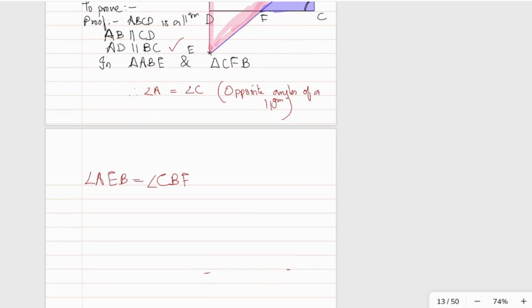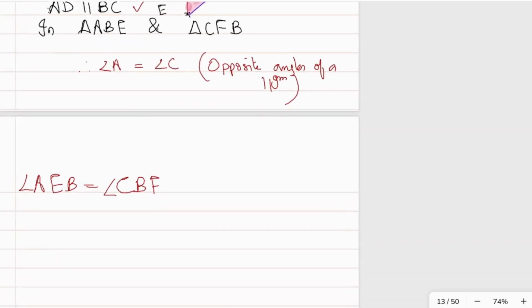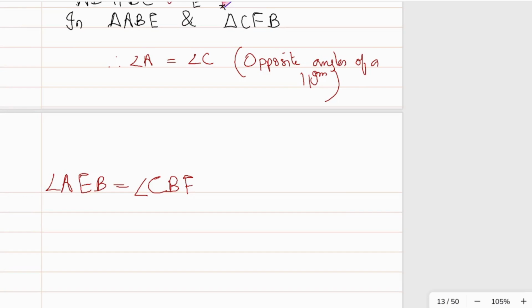Clear? Then I can write here, because they are alternate interior angles, as AE is parallel to BC.